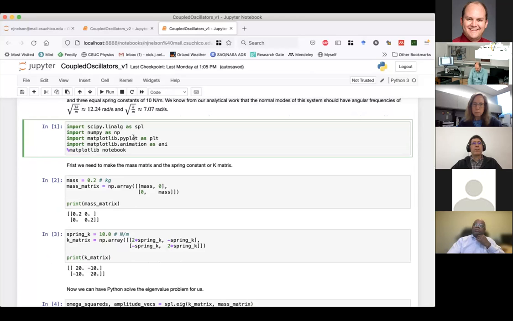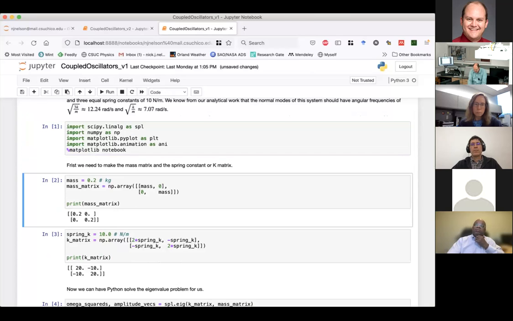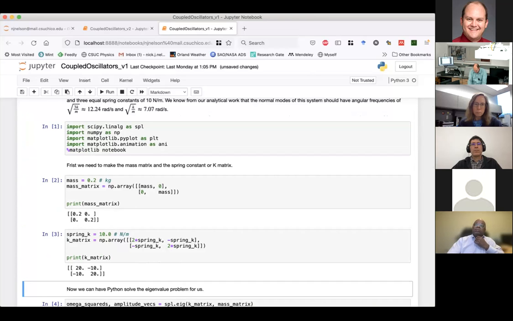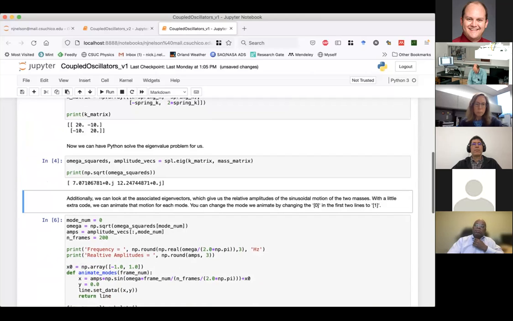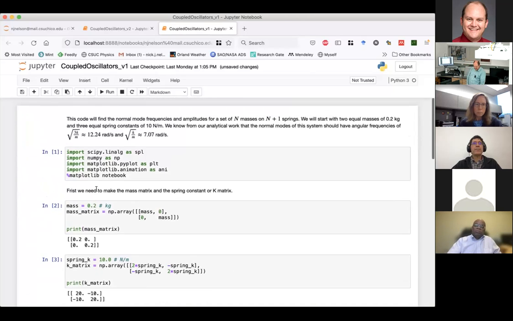Then I give them this and say, okay, let's play with this a little bit. We can run through and execute all the code and get down here, and it will print our frequencies. You can see that sure enough, it does.